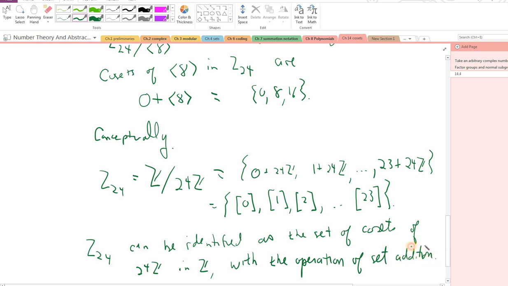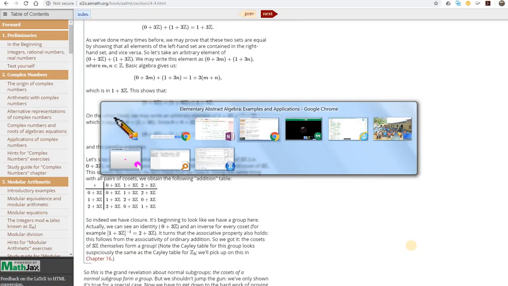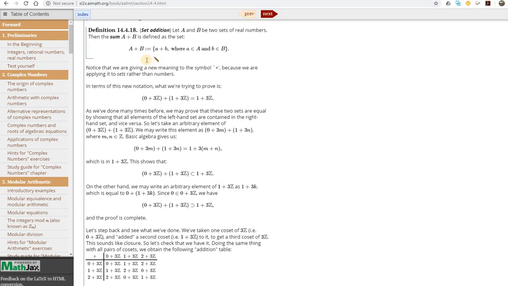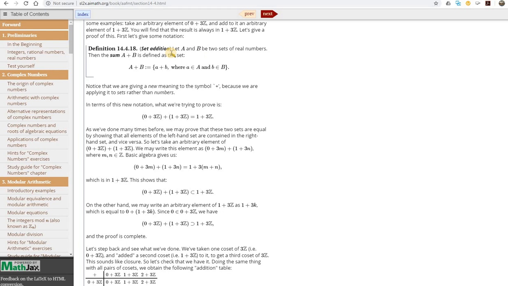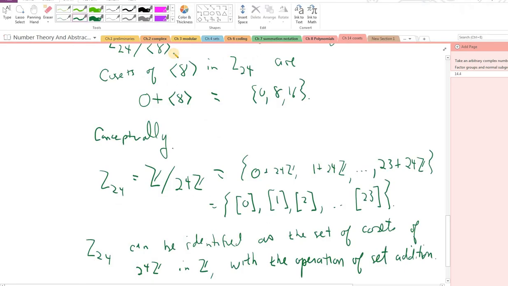Now, what's set addition? That's defined in the chapter here somewhere. Here it is. It's right here. So the upshot is that we're looking at something we saw before in a new way.